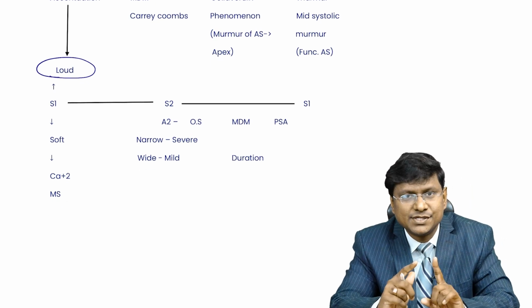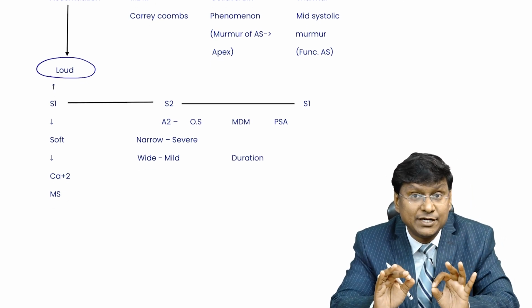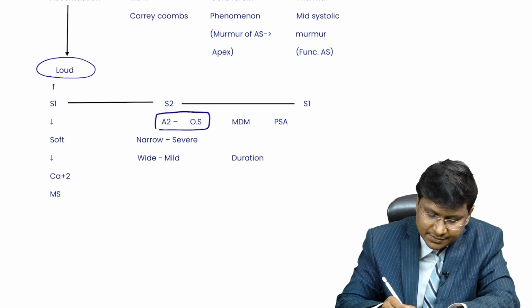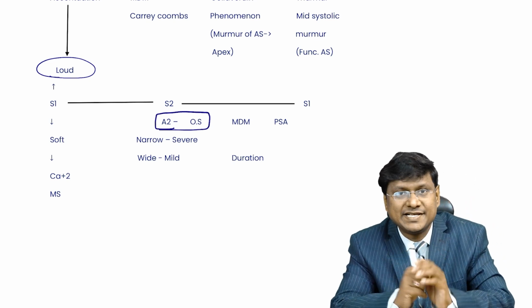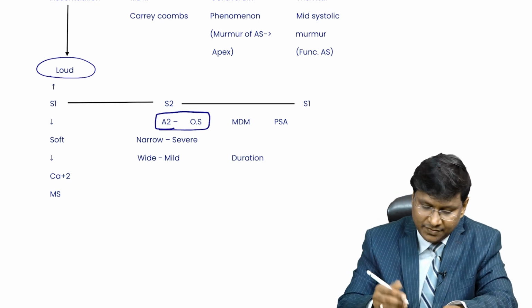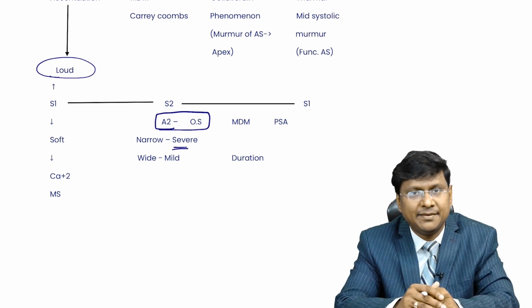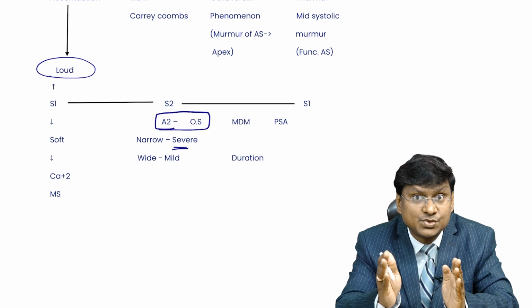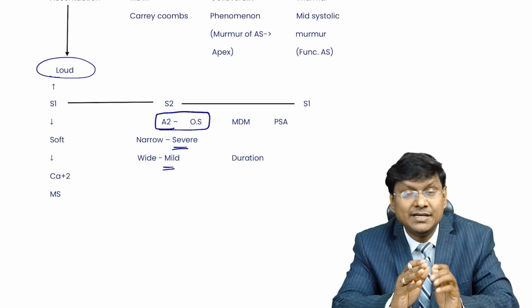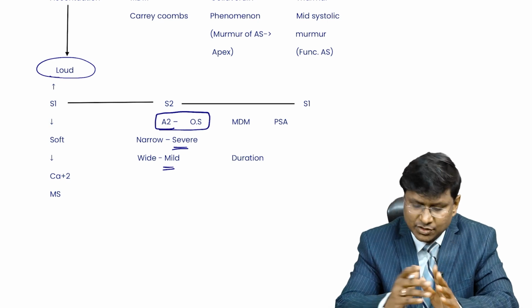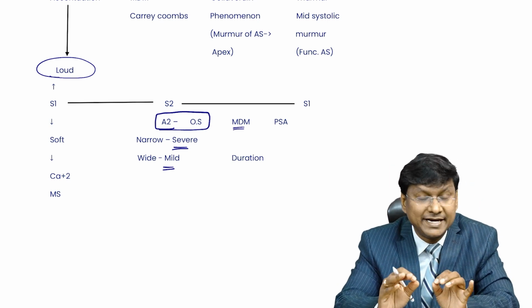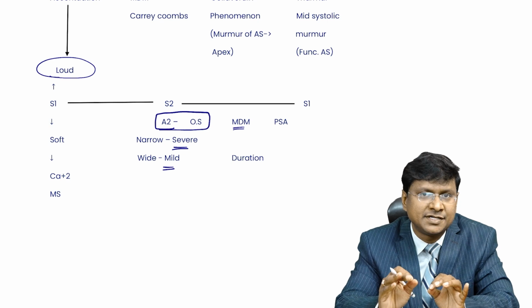And in mitral stenosis, there are certain components which will tell you about the severity of the MS. That is the A2 to OS split or the A2 to OS gap. If the A2 to OS gap is narrow, then it is said to be severe MS. If the A2 to OS gap is wide, then it is said to be mild MS. And another important one is the mid-diastolic murmur. In mitral stenosis, it's a low-pitched murmur heard at the apex.